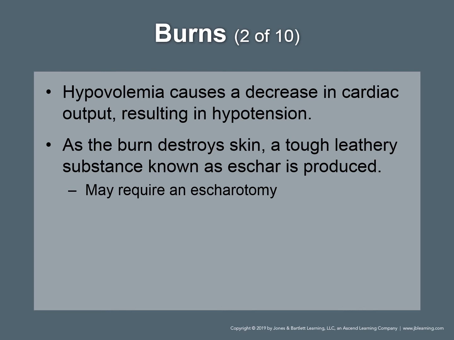They will actually cut a big X on their chest or cut them over on their side so that skin can stretch and expand and that patient will be able to take a breath. With extremity burns to your arms and legs, if you have a circumferential burn, a burn that goes all the way around that leg, you may have to do an escharotomy and cut that skin so it'll stretch and expand, and you'll be able to get some circulation and some perfusion to that area of the body.